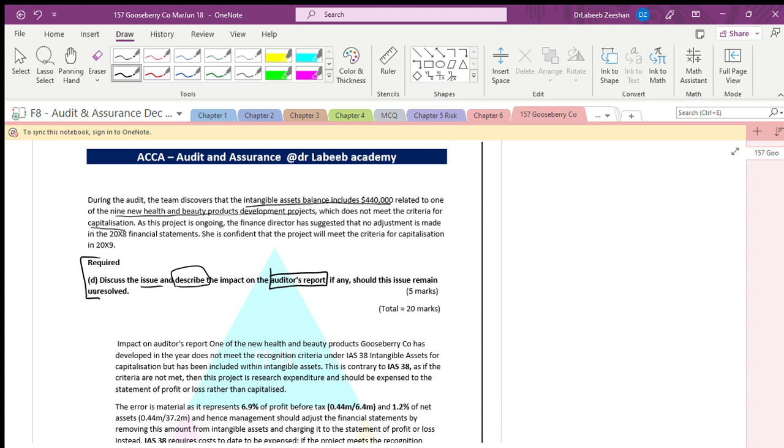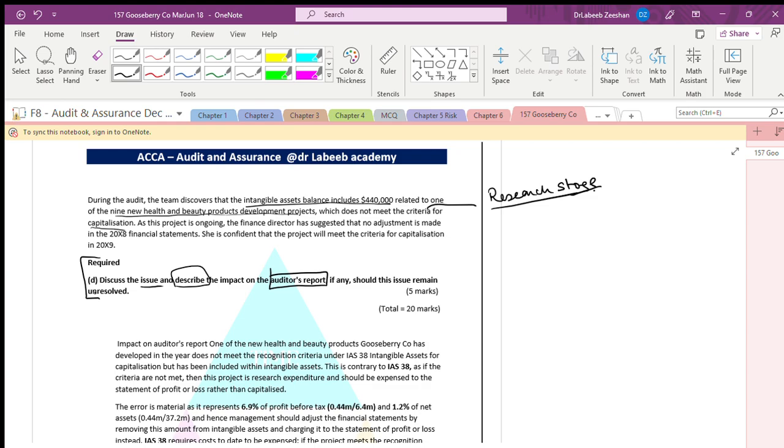See what they say, the intangible assets balance 440, one of the development projects, which does not meet the criteria, which means still it is in the research stage. Once the research stage is completed, then only we go for development.